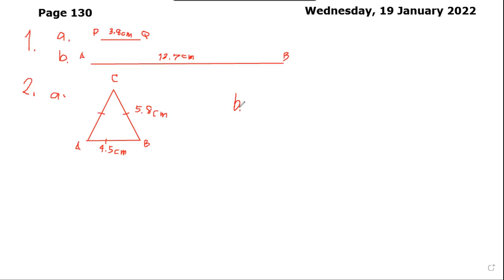So this is a scalene triangle, no equal sides. UV is 3.8, then 5.6 and 4.2. That is triangle UVW.